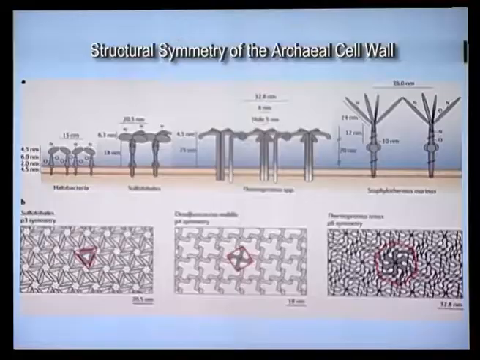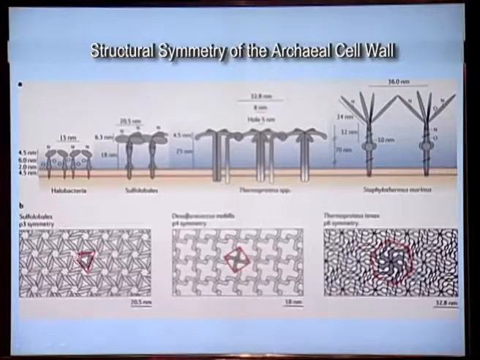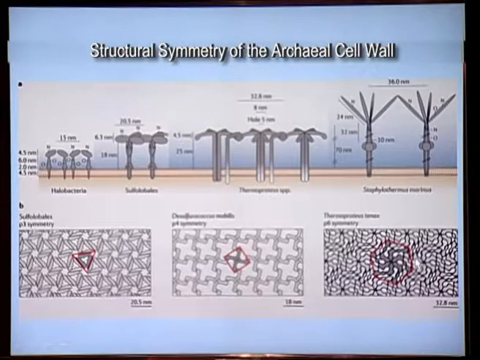When we see this structural symmetry, we are really astonished, because they show different symmetry, like triangular symmetry as seen in P3, P4 is rectangular, and some Thermoproteus, which is a thermotolerant bacteria, can go up to hexagonal symmetry. So this type of symmetry is a unique structure of the S layer of the pseudomurein of archibacteria.